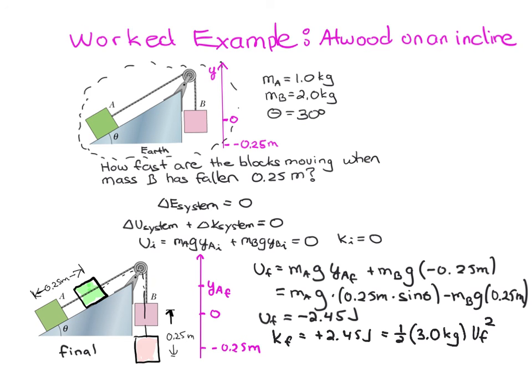They have the same speed, so there's just one unknown in this equation, the final speed of the system, which is what we're asked to find. So now we just have to plug in and solve for that numerical speed. And we find, just solving for v_F, it has a value of 1.27 meters per second.